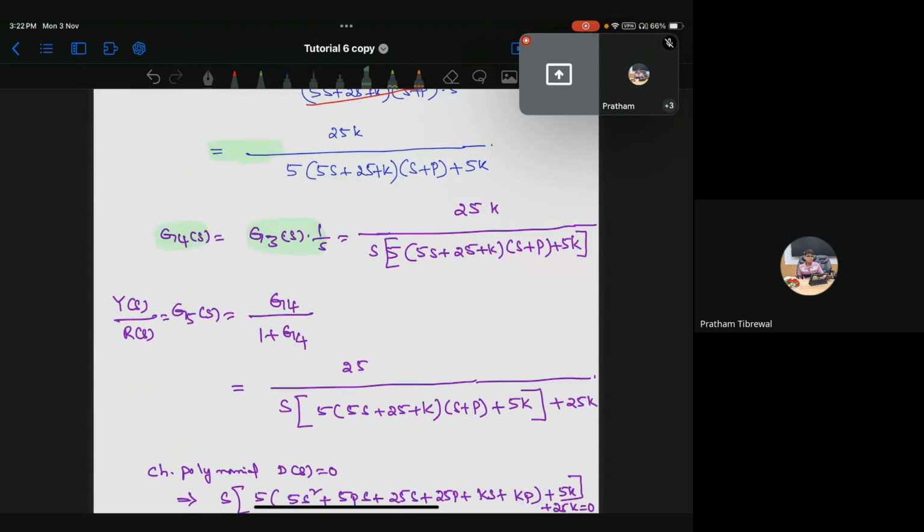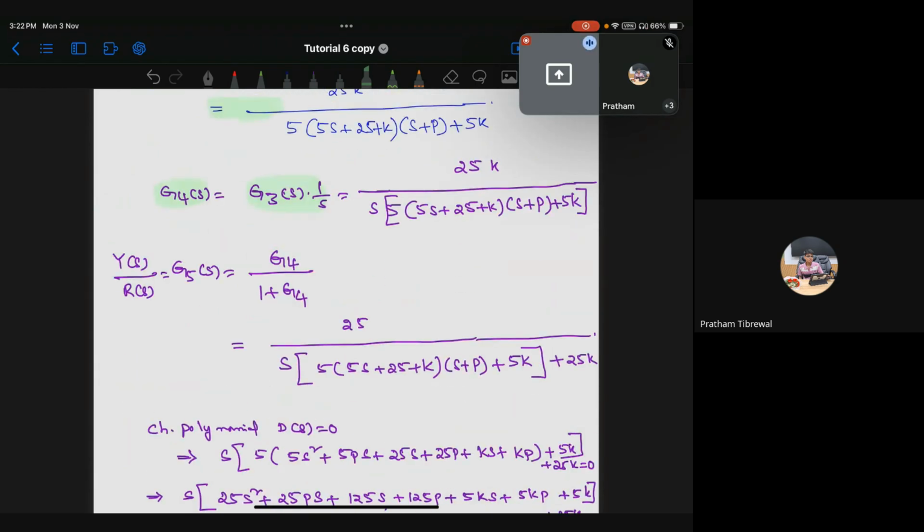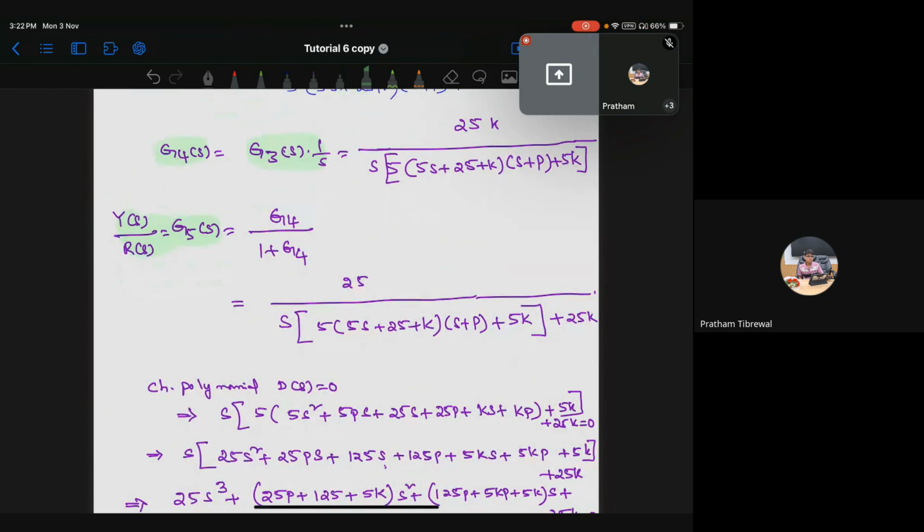So finally G5, so G4 by 1 plus G4. So the final expression is this, and that is nothing but Y of S by R of S for the whole system.